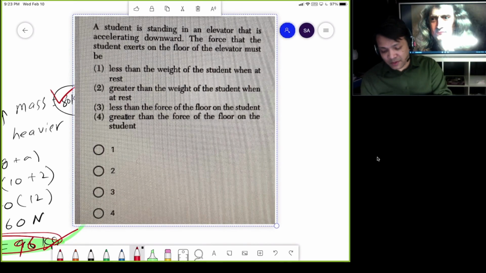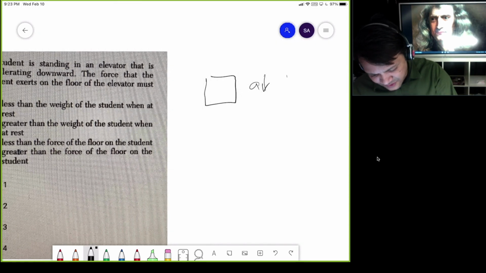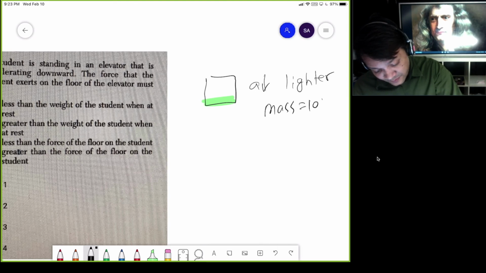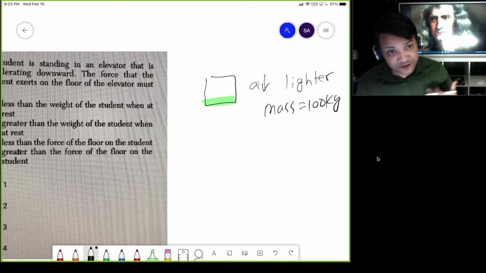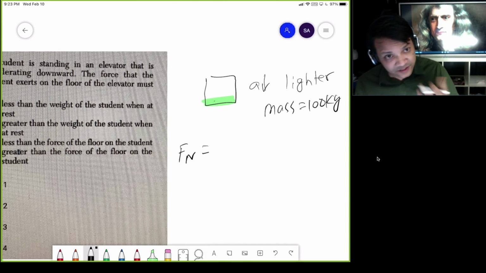Now this problem talks about acceleration directly: it says the elevator is accelerating downward. That means the person should feel lighter. If the person's initial mass is 100 kilogram, the scale would read less. How much less? The scale only reads the normal force.